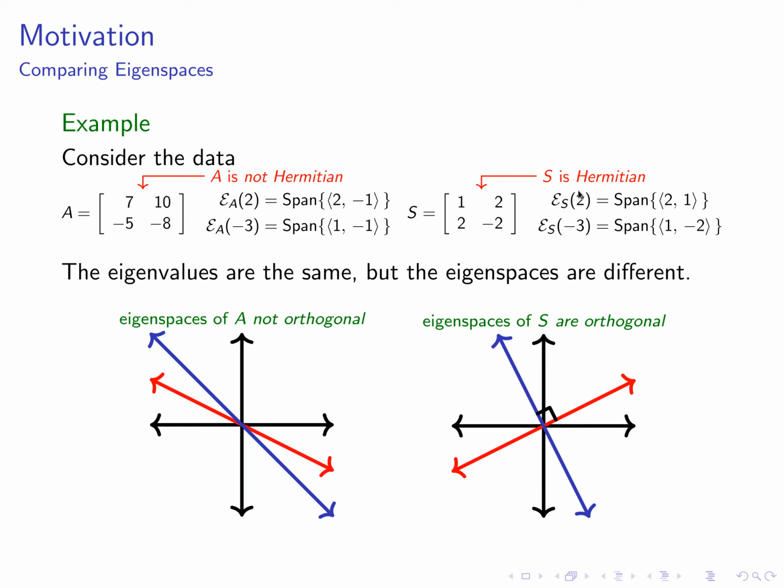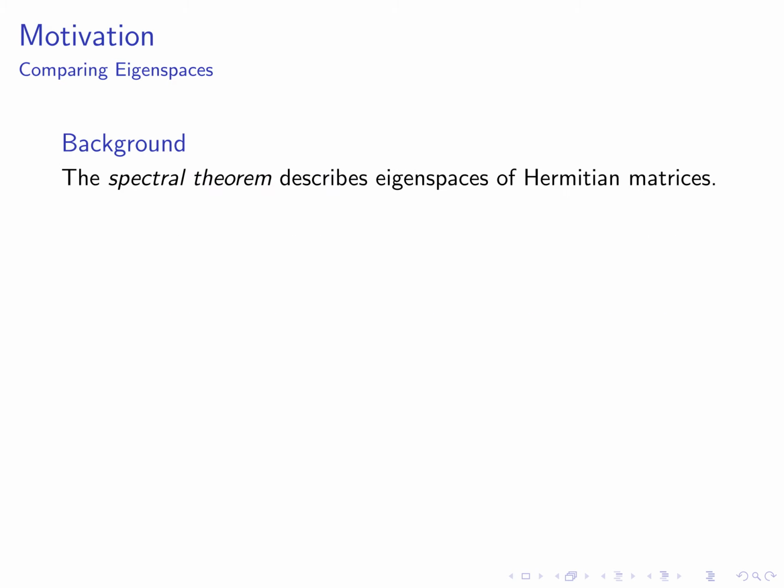These two matrices have the same eigenvalues, but the structure of the eigenspaces are very different. For the non-Hermitian matrix, the eigenspaces were not orthogonal, and for the Hermitian matrix, the eigenspaces are orthogonal. So this is symptomatic of the spectral theorem. The spectral theorem is a theorem that describes the eigenspaces of Hermitian matrices.